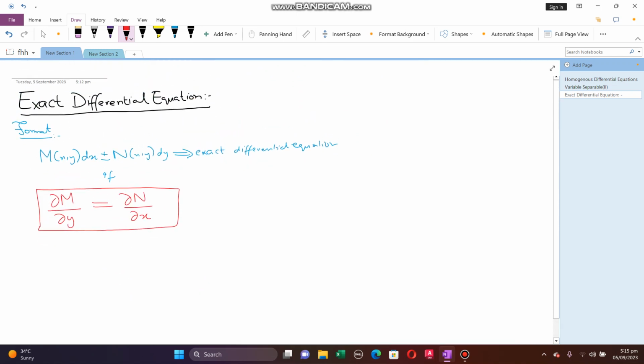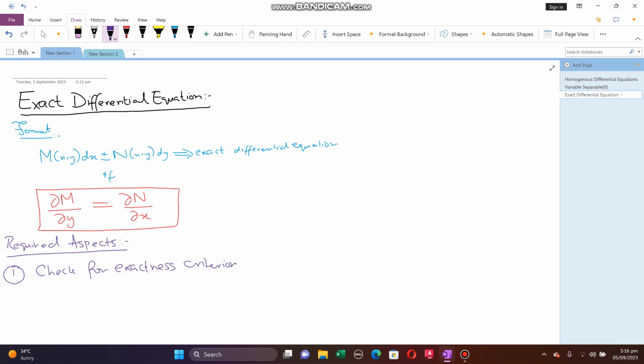So now we're going to discuss, if an equation is said to be exact, then what are the required aspects? Number one, check for the exactness criterion, which is this one.